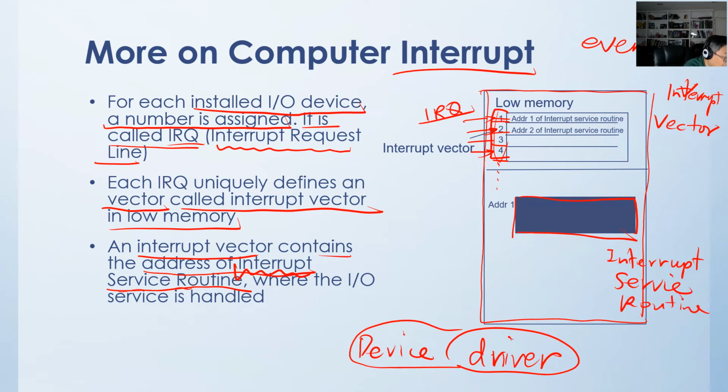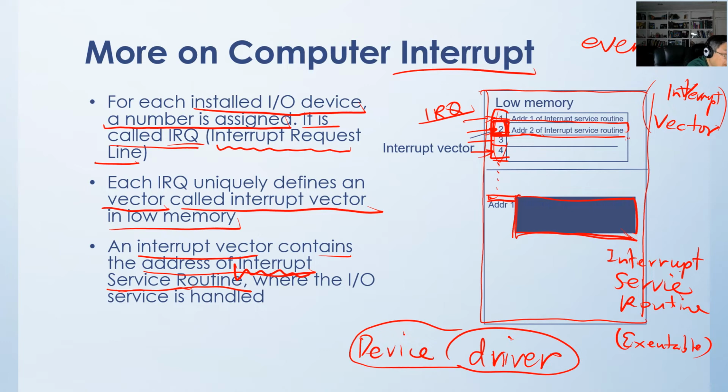It's a software piece, so this is executable. This interrupt service routine is installed somewhere in the computer memory, and the first instruction of this interrupt service routine is stored in the interrupt vector. And this is the IRQ for this device.